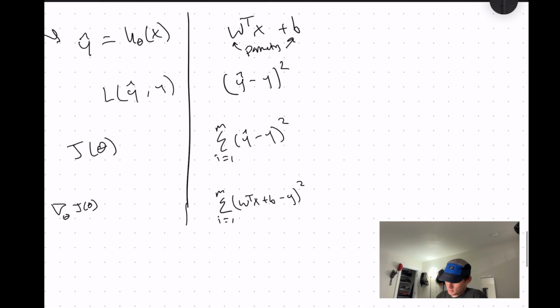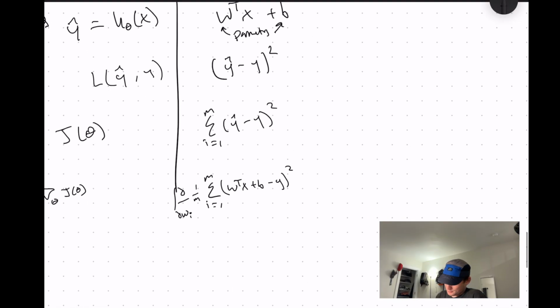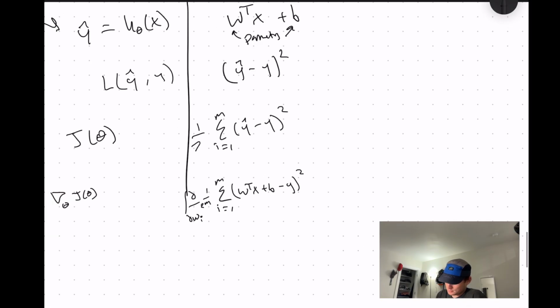And so we're taking the derivative with respect to some parameter, let's just say some w. Great. Okay, so this just becomes that.